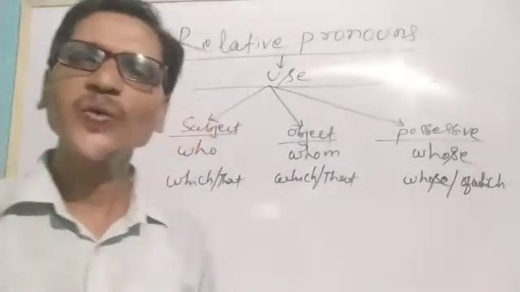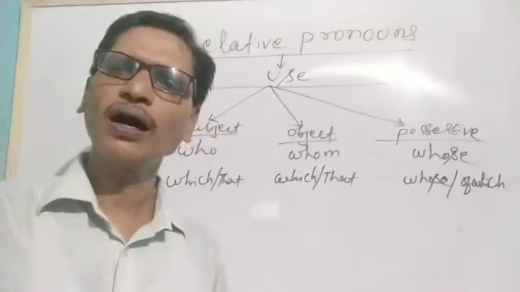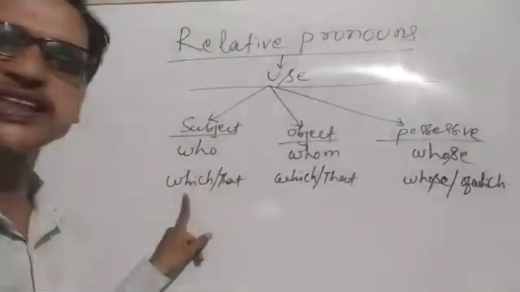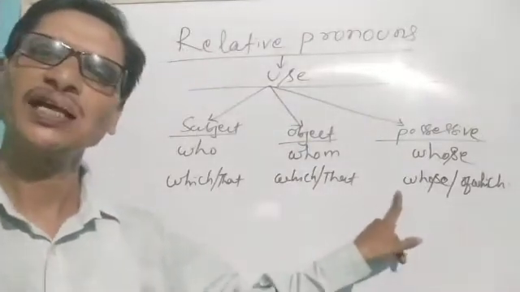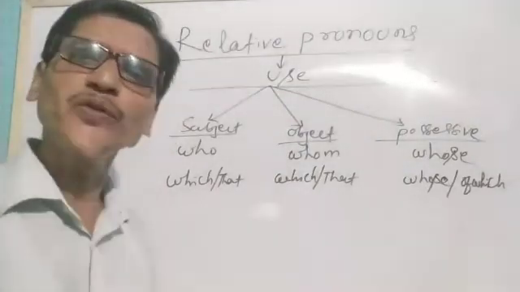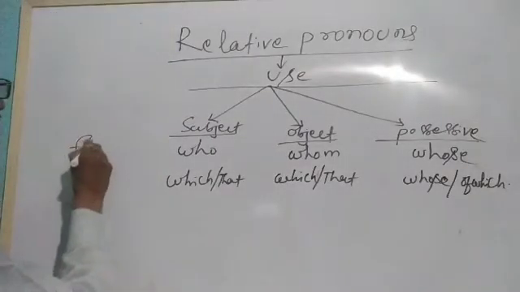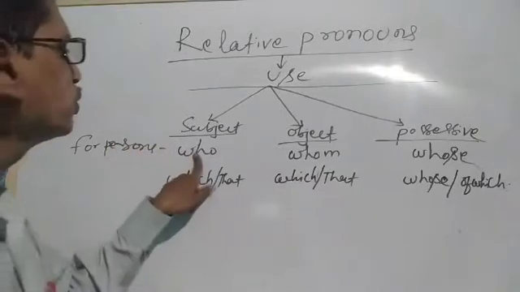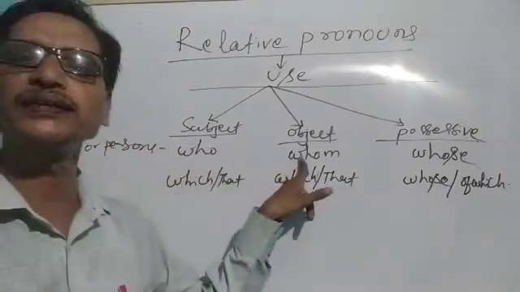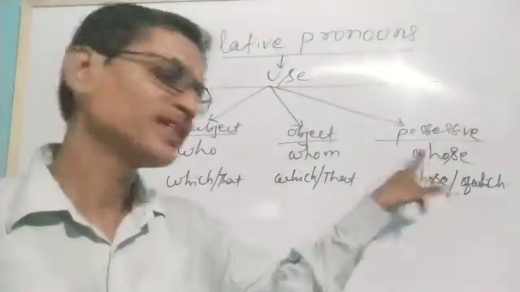Last class, we understood how these relative pronouns are functioning as a subject, object and possessives. When we talk about persons, we use who as a subject, whom as an object and whose as possessive.